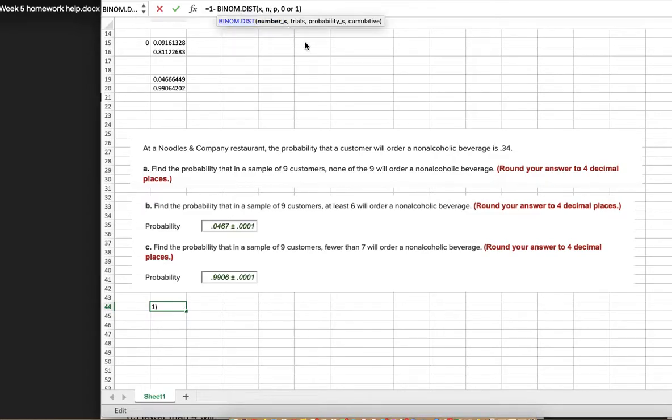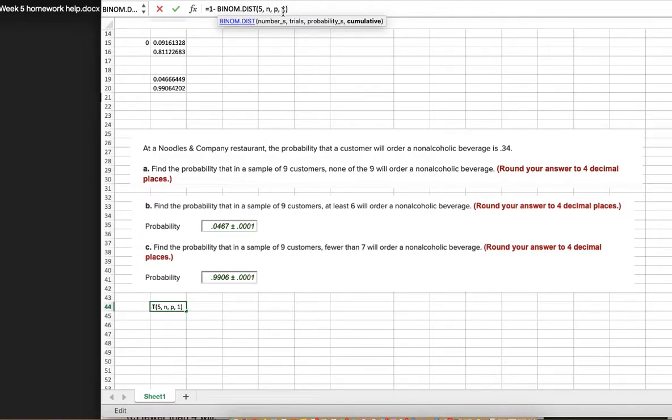the complement. So here, for x, instead of the 6 or more, at least 6, we're going to go with 5, because 5, 4, 3, 2, 1, and 0. So we're doing a cumulative, so we're going to use 1 in this formula for the cumulative.